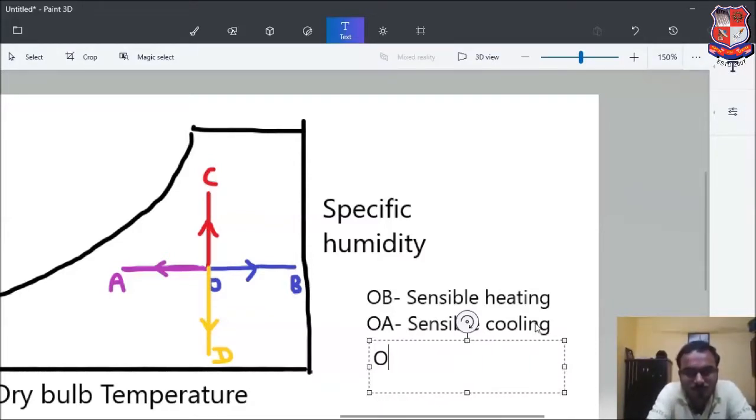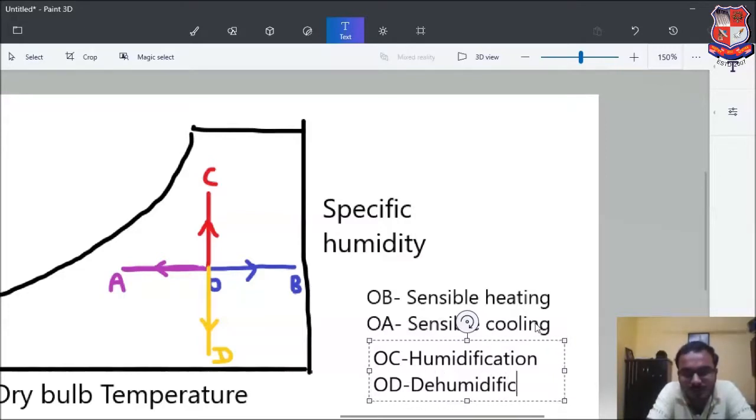O2C is humidification and O2D is dehumidification.